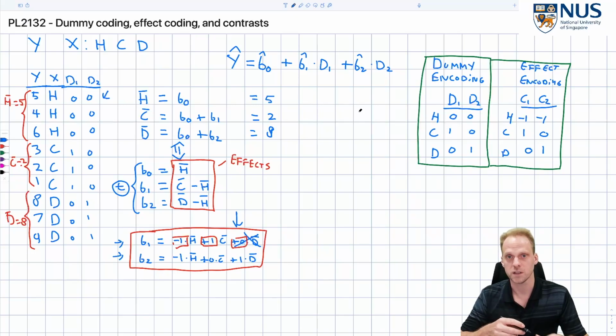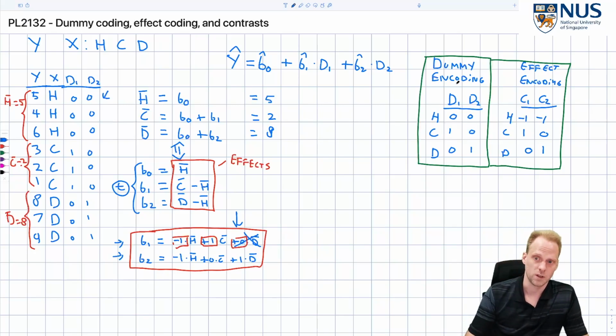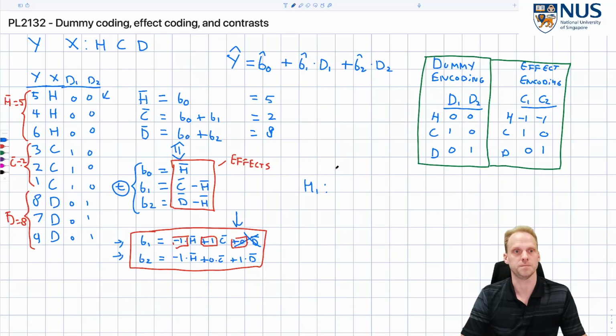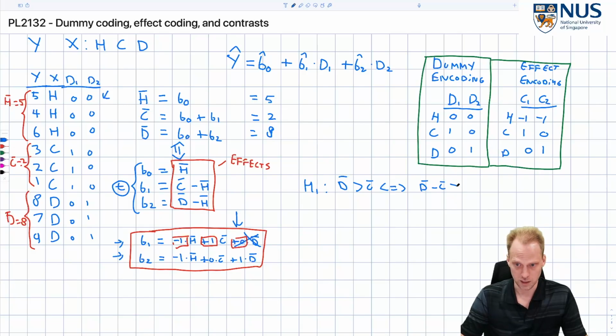Now, a very interesting thing here is that after I estimate my model or my parameters, I might be interested in a different effect than the one I encoded in the original dummy variables. So let's say, for example, I'm interested in the hypothesis that the mean of dogs is higher than the mean of cats, which also translates to the hypothesis that the mean of dogs minus the mean of cats is larger than 0.